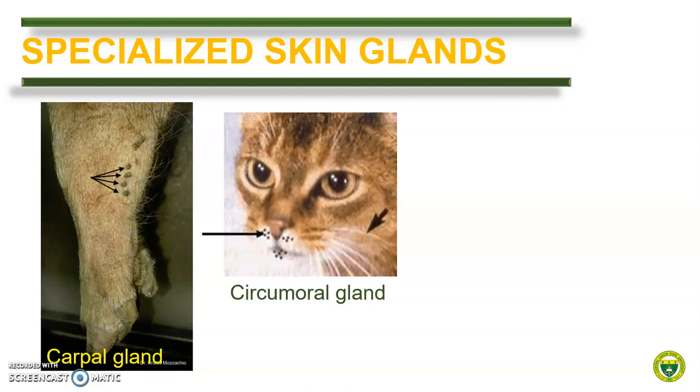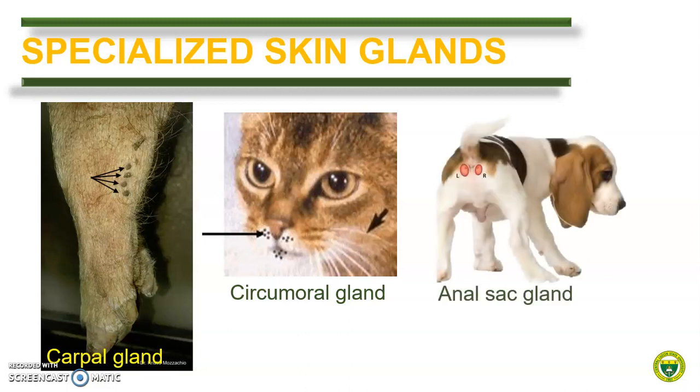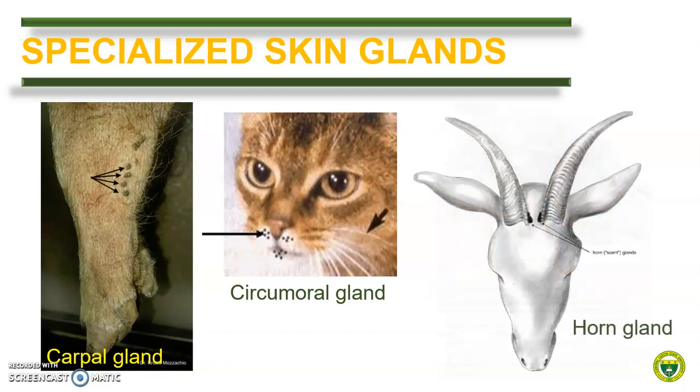Their functional significance, although called a cleaning gland, is for marking purposes. In dogs, anal sac glands are located in the walls of the anal sacs. They secrete into the anal sacs for storage. In small ruminants, a specialized skin gland is present at the base of their horn called horn glands.